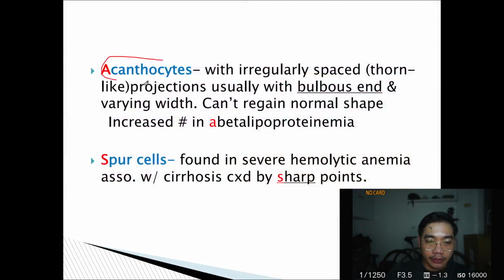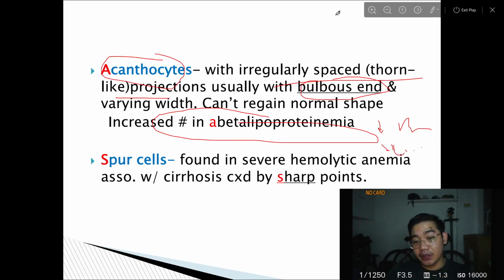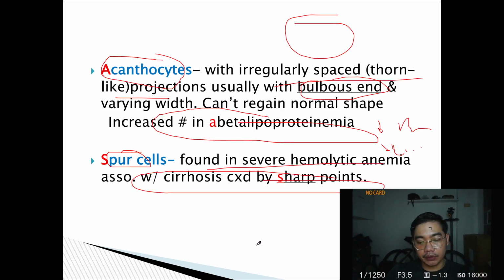You also have your acanthocytes, with irregularly spaced thorn-like projections, usually with a bulbous end. They can't remain a normal shape. This is seen in abetalipoproteinemia. We have decreased beta lipoproteins, which is associated with incorporating lipid in your cell membrane. That's why your cell membrane is disrupted. We also have your Spur cells: severe hemolytic anemia with cirrhosis, with sharp points.